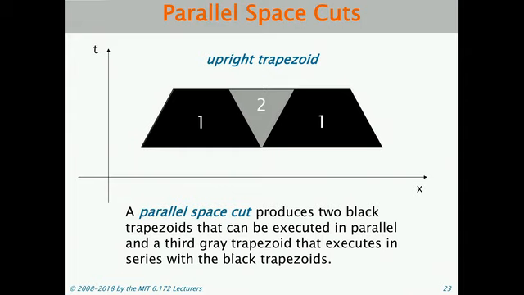After I'm done with the 2 trapezoids labeled 1, then I can compute the trapezoid labeled 2. This is known as a parallel space cut. It produces 2 black trapezoids as well as a gray trapezoid, and the 2 black trapezoids execute in parallel, and afterwards the gray trapezoid executes. And this is done recursively as well.